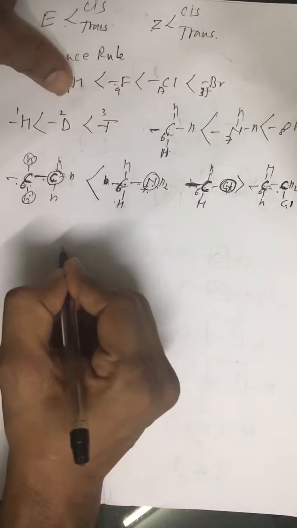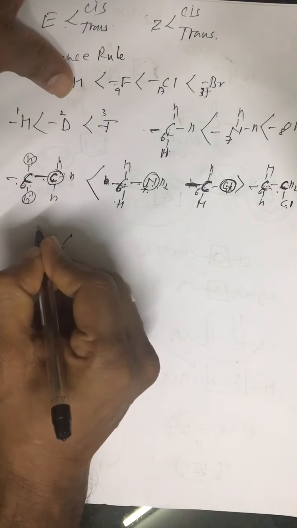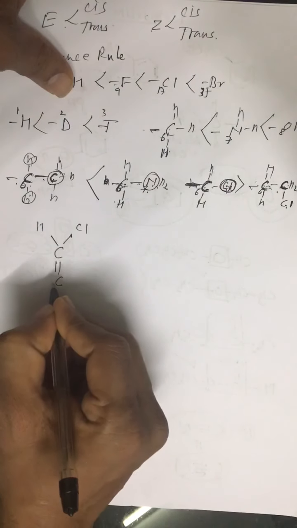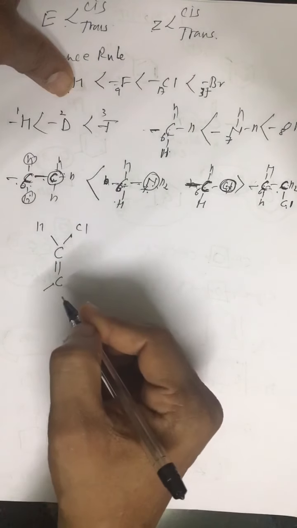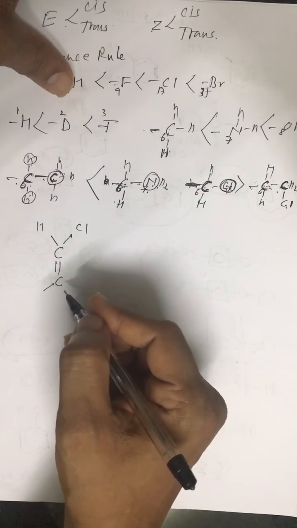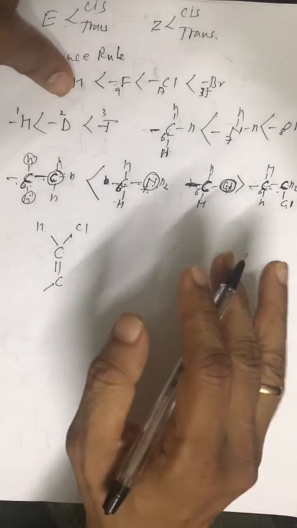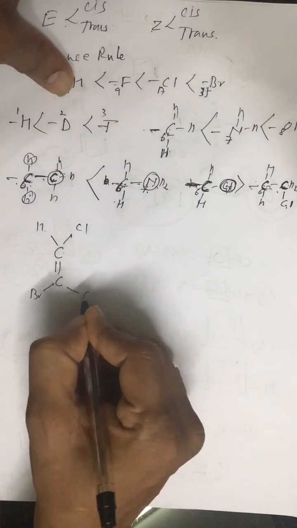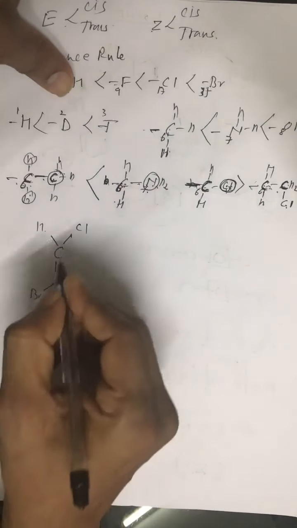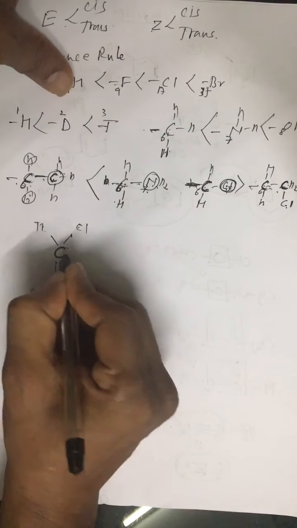Now look at one case. Suppose we have C double bond C and we have HCl, and say Br and CH3. This naming is basically done for the carbon atoms which are bonded to different atoms. So what we will do, we will first compare hydrogen and chlorine bonded to this carbon.